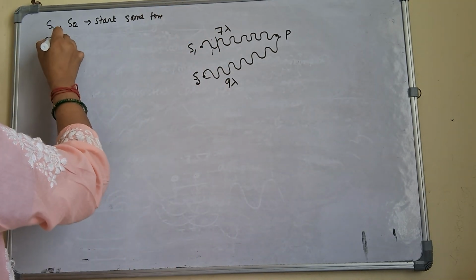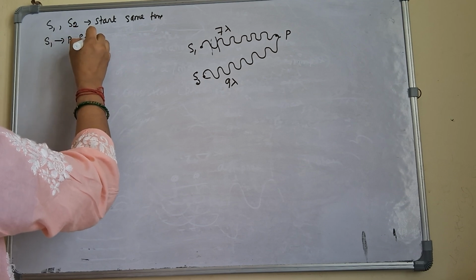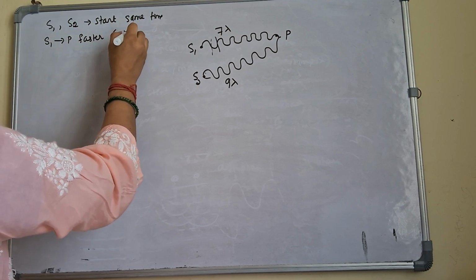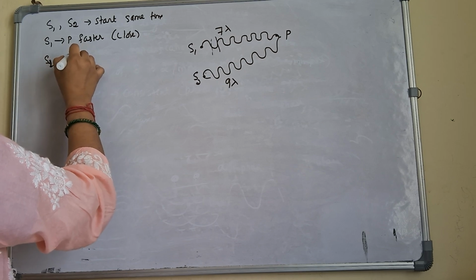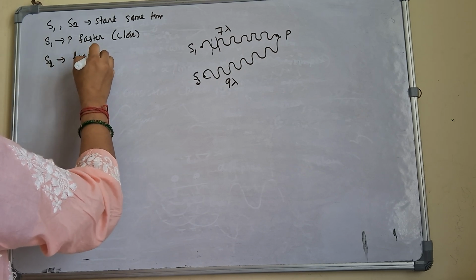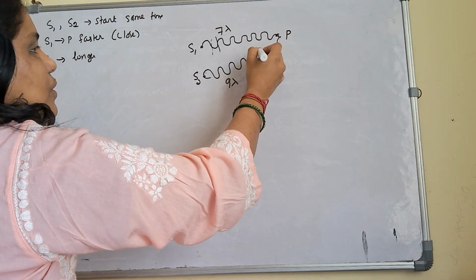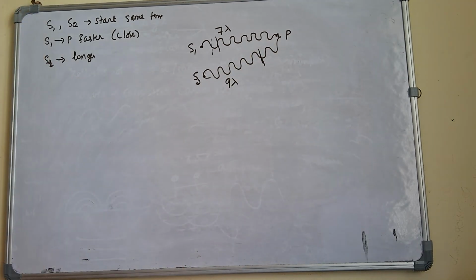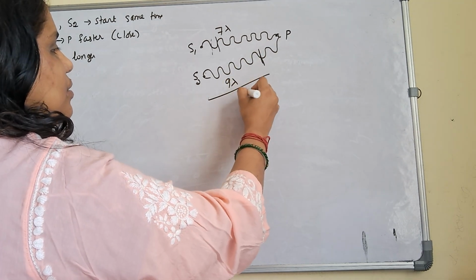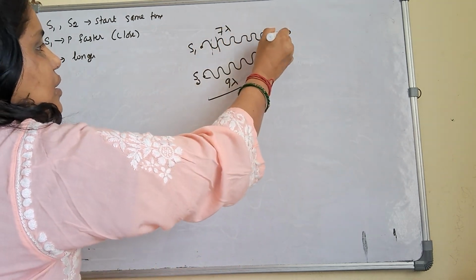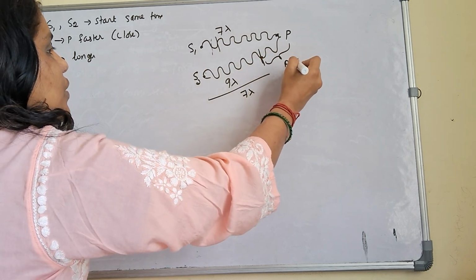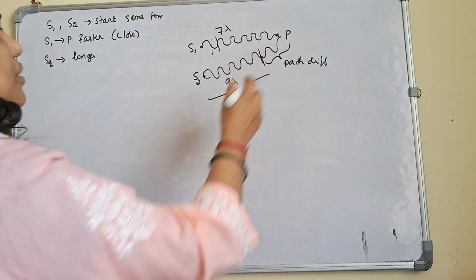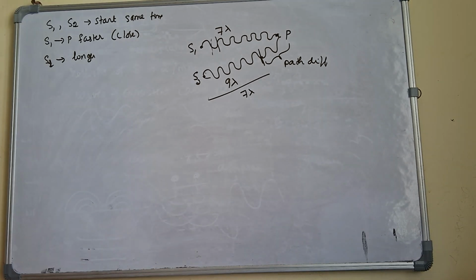But S1 would reach P faster because it is close, whereas S2 will take a little longer to reach P. When S1 would have reached P, S2 is still here. So this difference is what we call the path difference, the difference in the path.